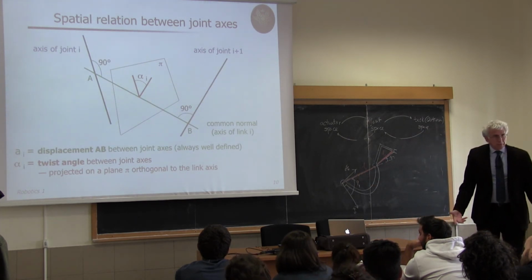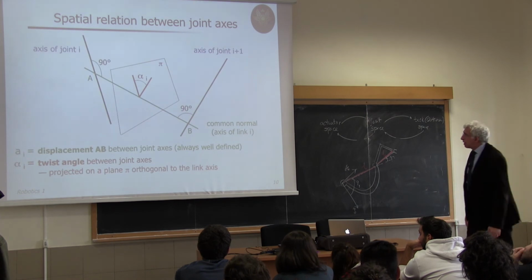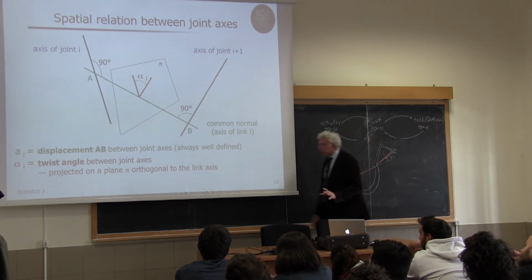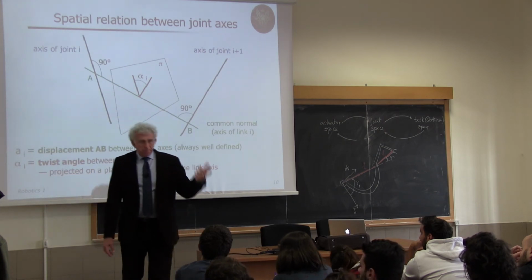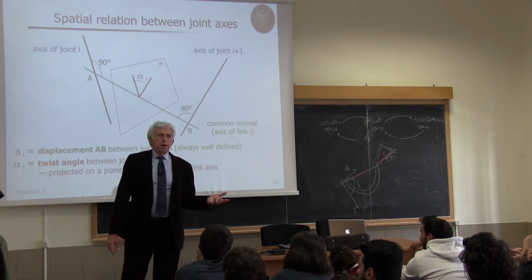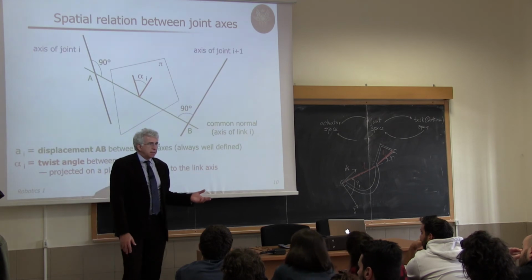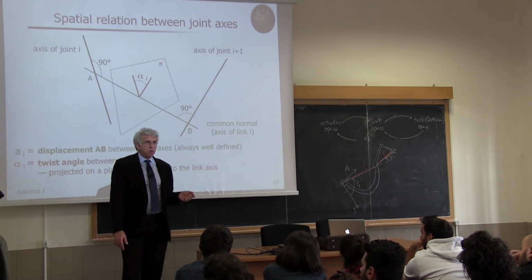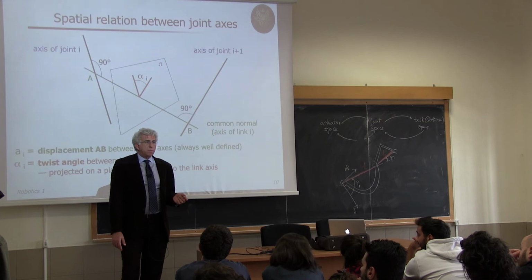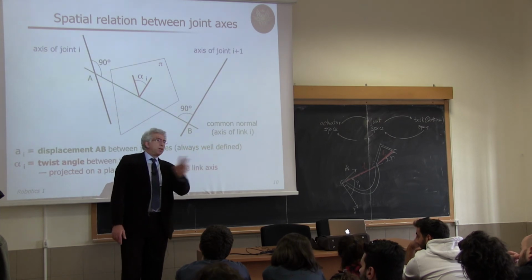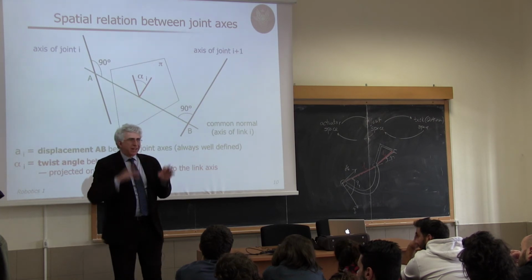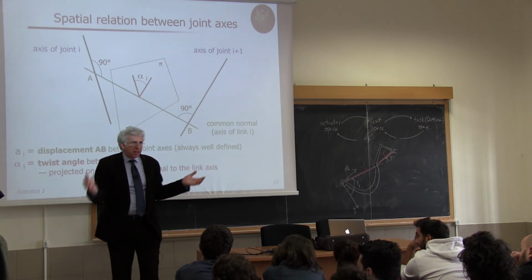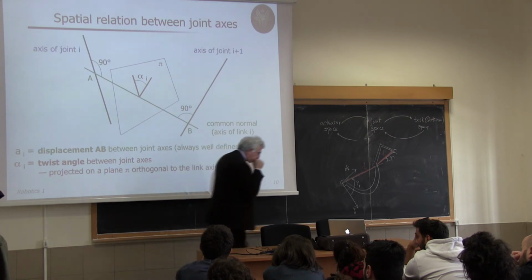Typically in industrial robots, you find twist angle either 0 or 180 or plus or minus 90 degrees. There are some structures, there's a robot by Comau, which has at some point an alpha of 30 degrees. So you can have any values, but these are the most common ones.